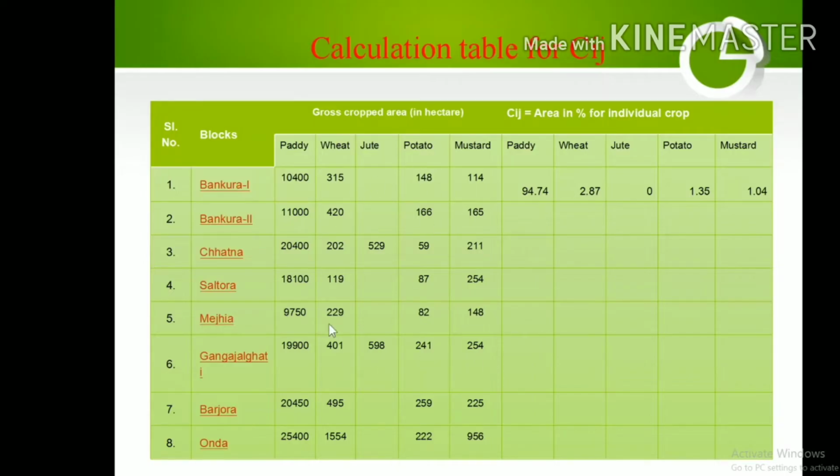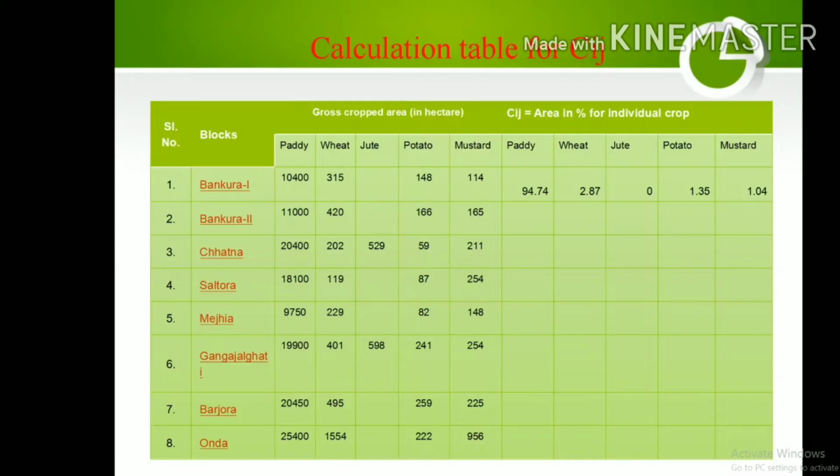So these are the gross cropped areas of different crops, and you have to find out the Cij for each individual crop. In case of Bankura block, the Cij means area in percentage for each crop.